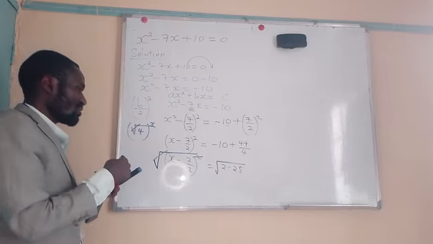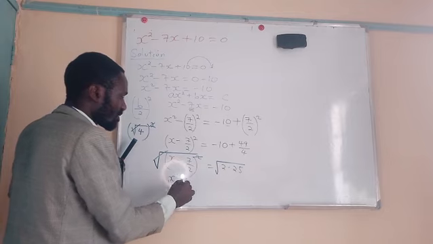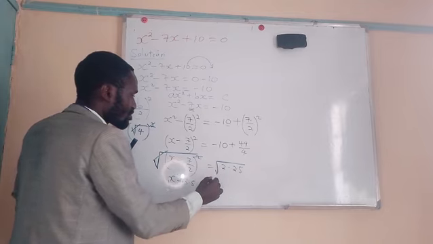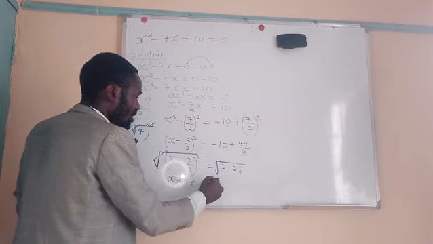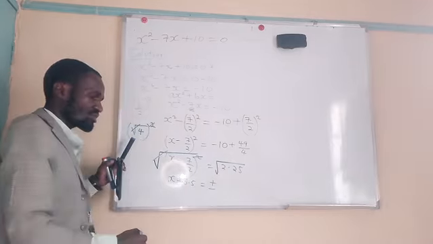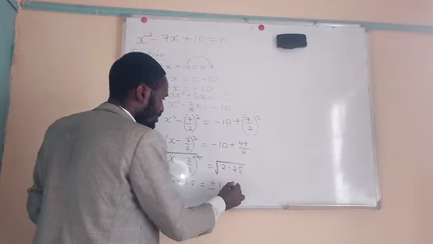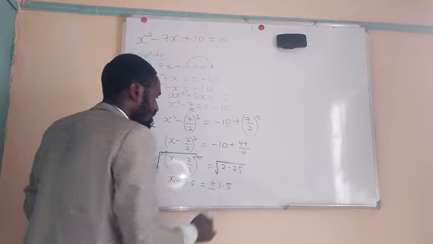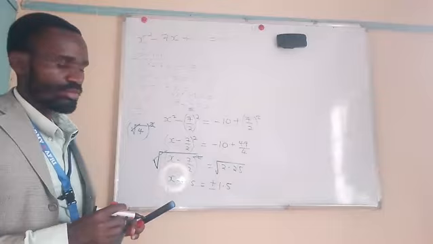So I'll be left with x minus, of course 7 divided by 2 is 3.5. The answer must be equal to, whenever a square root is introduced anywhere in mathematics, there must be a positive and a negative sign also introduced. In that case, the answer is 1.5. Of course, the square root of 2.25 is 1.5. So we shall have either positive 1.5 or negative 1.5.